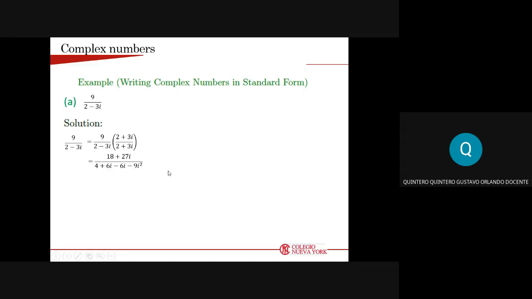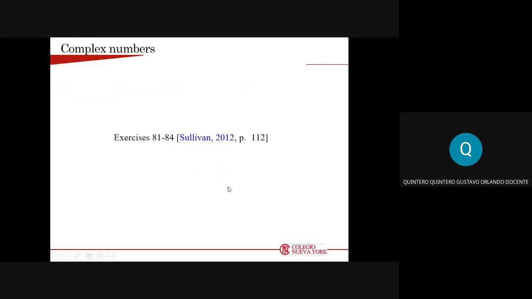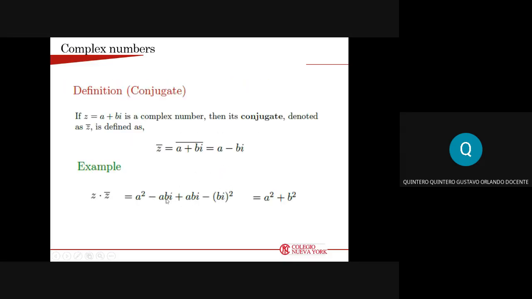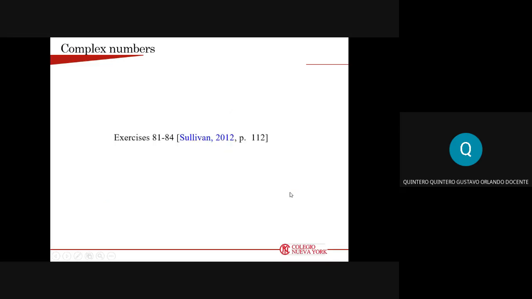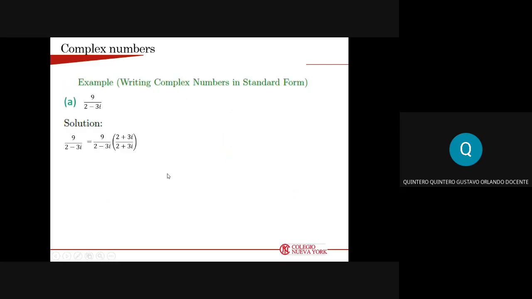From here, all we can do is combine like terms in the denominator, right? 6i and negative 6i, these two are going to cancel, just like they did here. The negative and the positive values in the middle, they canceled. And what we have is a squared plus b squared, the first value and the second value squared. This is exactly what we have here. The first value squared, the first value was 2, so we have 4.